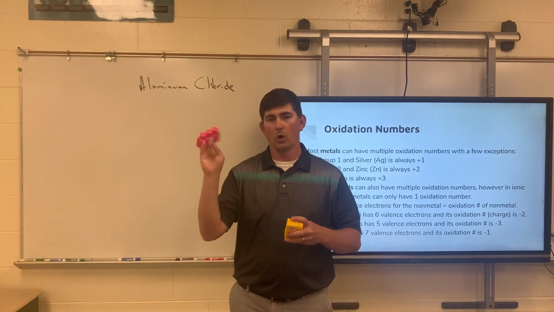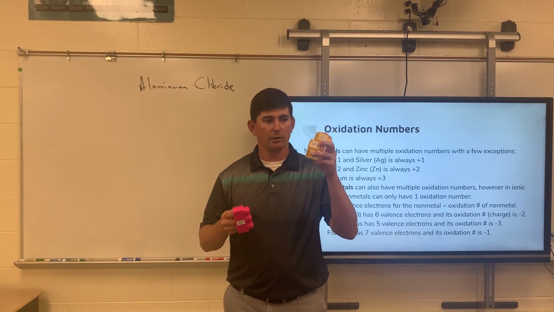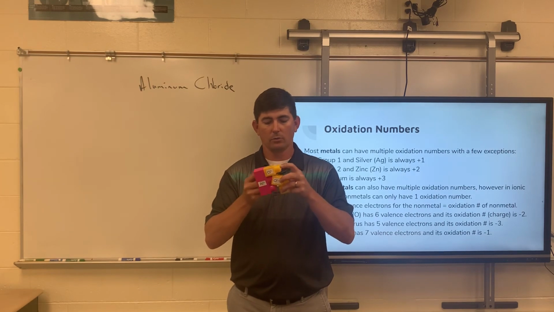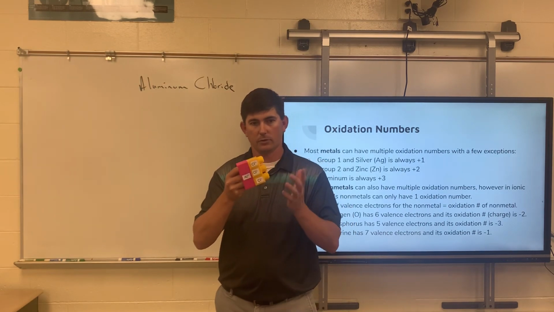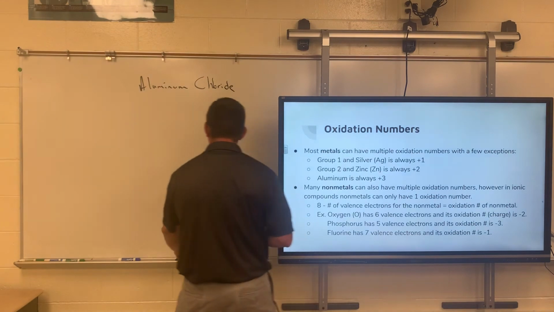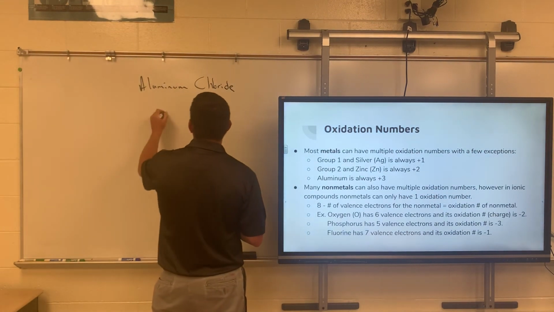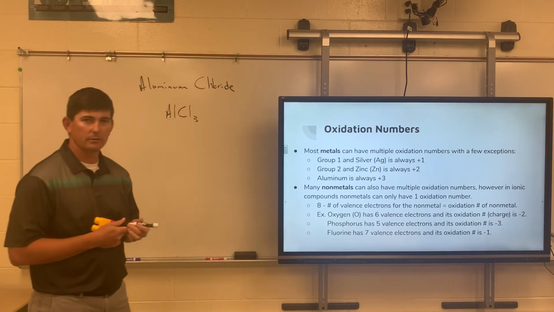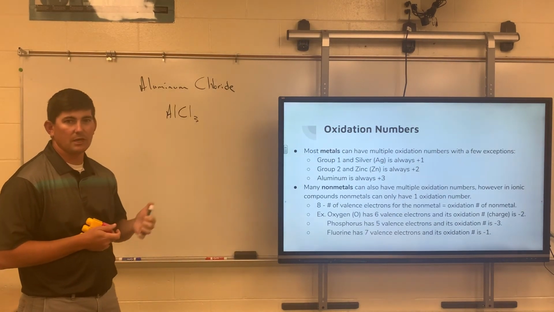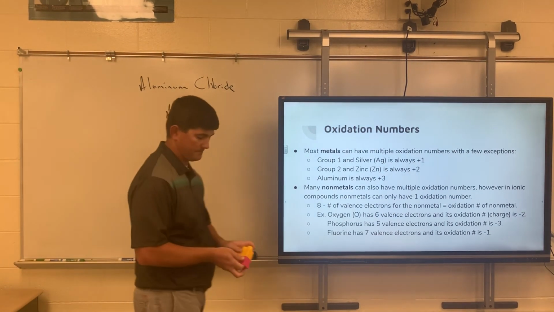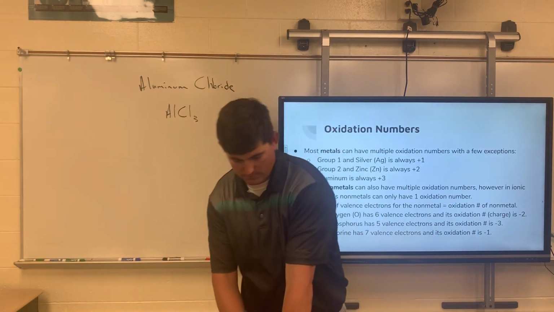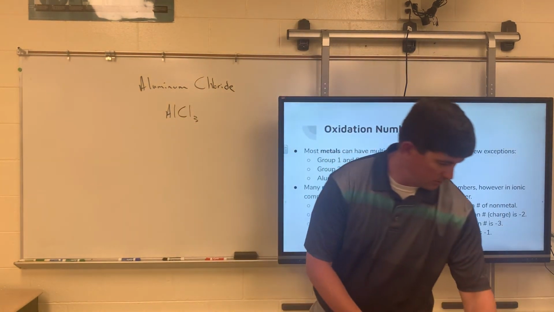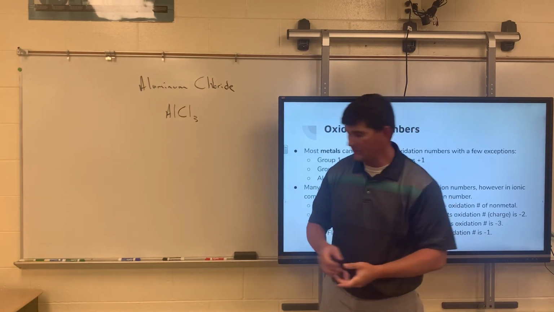So 1 aluminum goes with 3 separate chlorines. My formula here for aluminum chloride would be 1 aluminum, 3 chlorines, right? Once again, you do the same thing through the swap and drop. All right, let's go one more.